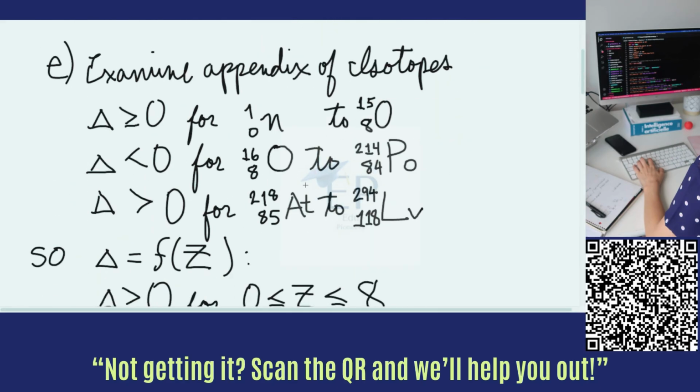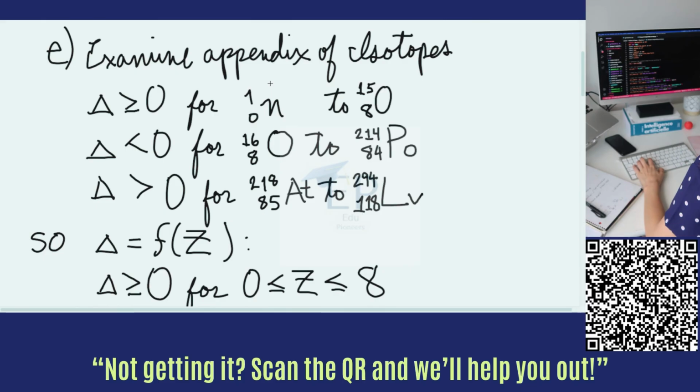So examining Appendix B more closely, the appendix of isotopes, you can see that our mass excesses are going to be 0 or positive from neutrons to oxygen 15. The mass excess is going to be negative for oxygen 16 to polonium 214.